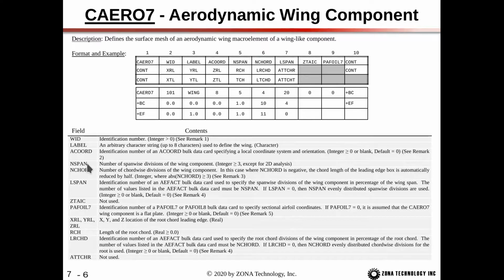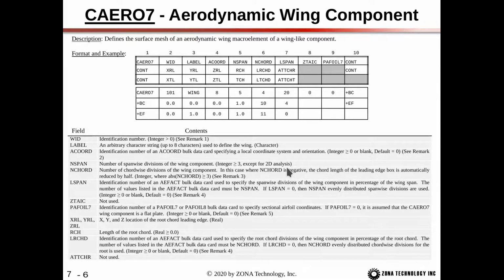For ZAERO, we have the restriction that NSPAN must be greater than or equal to 3, which means that the number of boxes in the span-wise direction must be at least 2. And then NCHORD is the number of chord-wise divisions. Once again, NCHORD must be greater than or equal to 3.